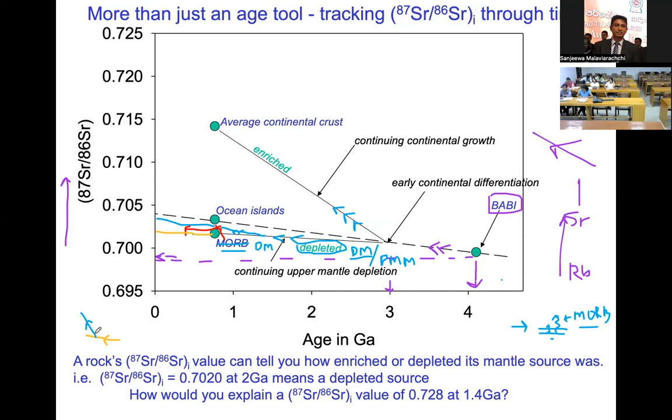So remember, in the rubidium-strontium system, rubidium is the parent, right? Strontium is the daughter, and if rubidium is more incompatible than strontium, therefore a lot of rubidium will pass to the melt when it is a product from the system.